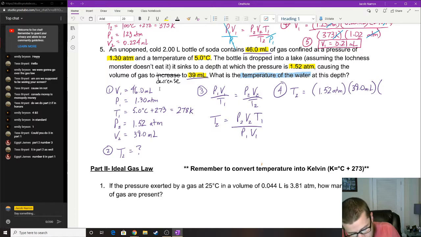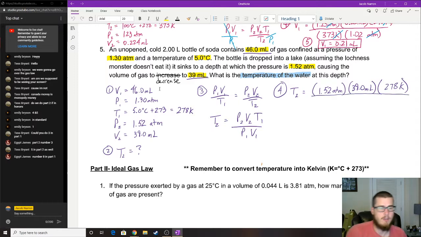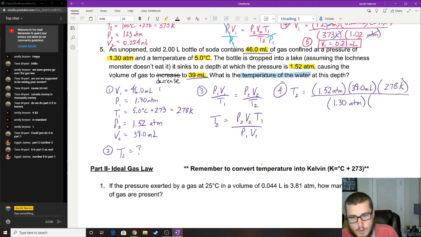T1 is 278 Kelvin, and remember guys, if I haven't said it enough, Kelvin is important. Make sure you use Kelvin. Next thing, P1, that's going to be 1.30 ATM. And next, I'm going to have V1, which is going to be 46.0 milliliters. So there you go. Everything's been plugged in.